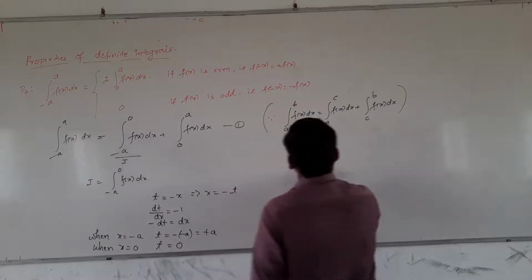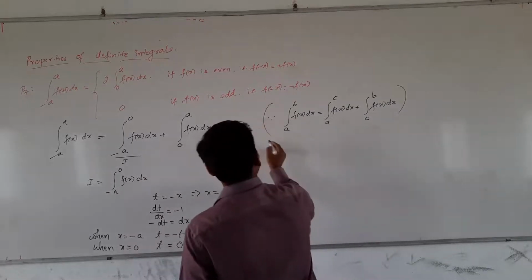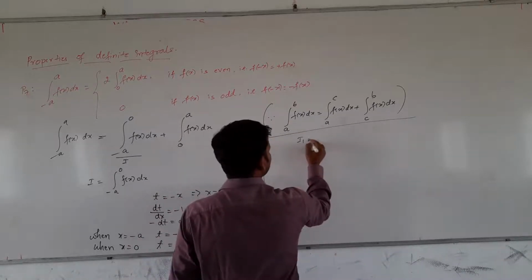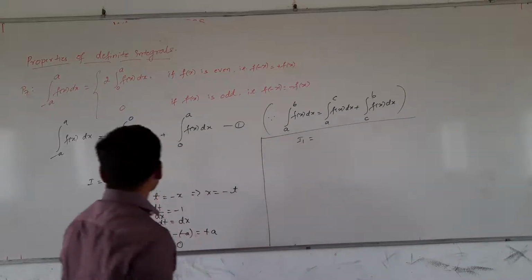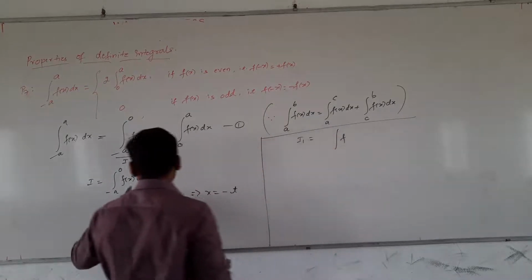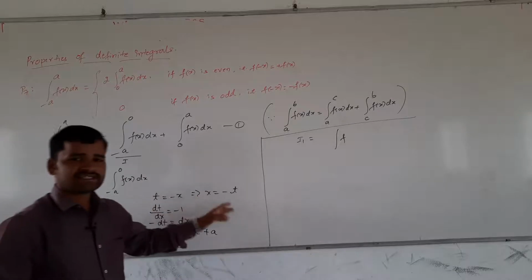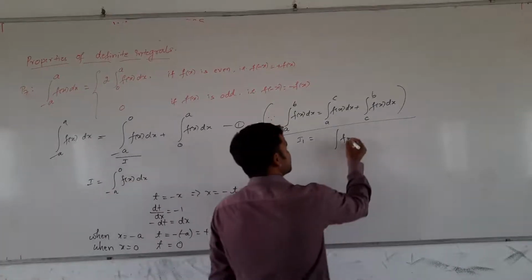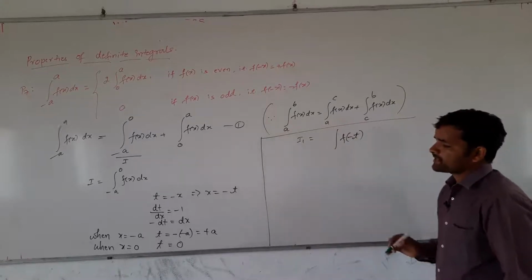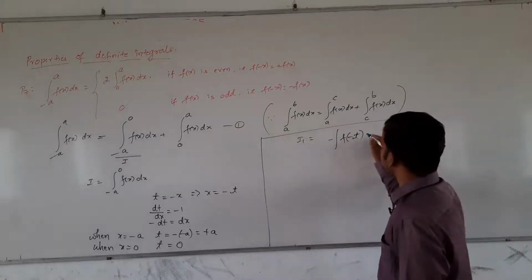Okay. Now I will write what happens to the I value. I is equal to integration of f of, in place of x, minus t, f of minus t, into dx, which is nothing but minus dt, minus I will write outside, into dt.